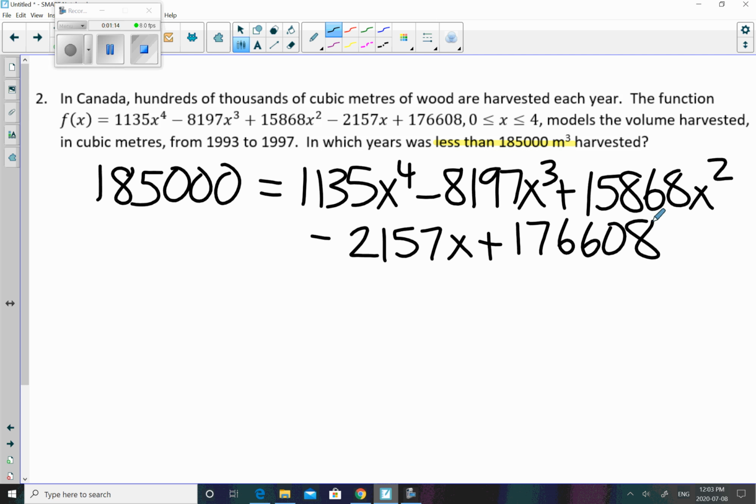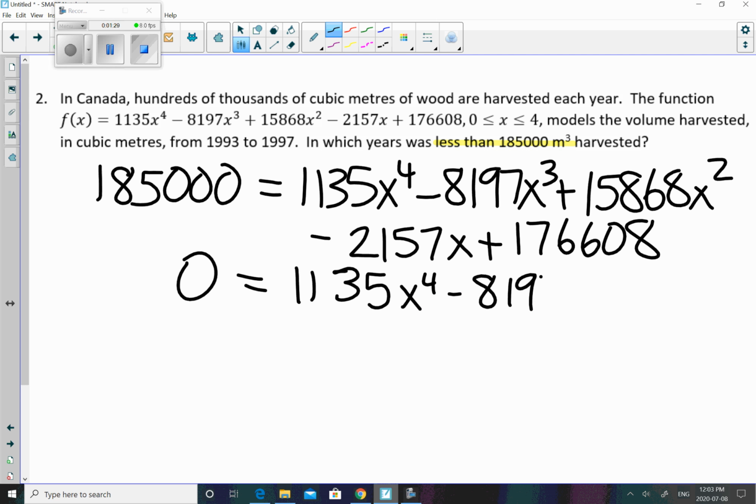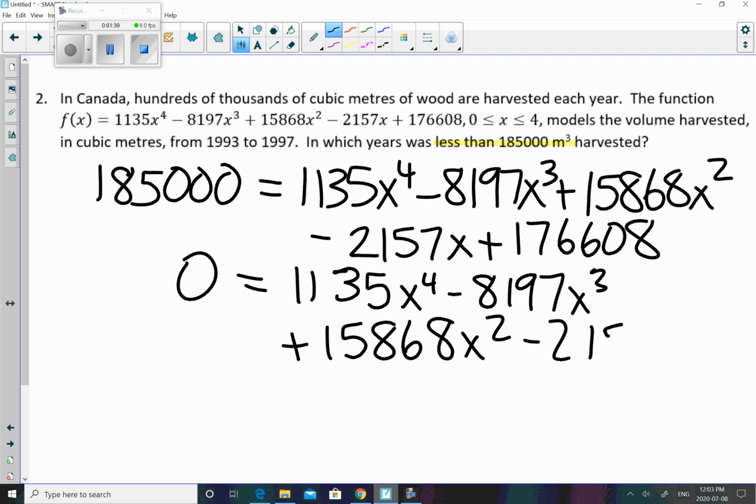And I can subtract 185,000 from both sides so that I have a 0 on the other side of the equation. So the constant term just becomes subtract 8,392.